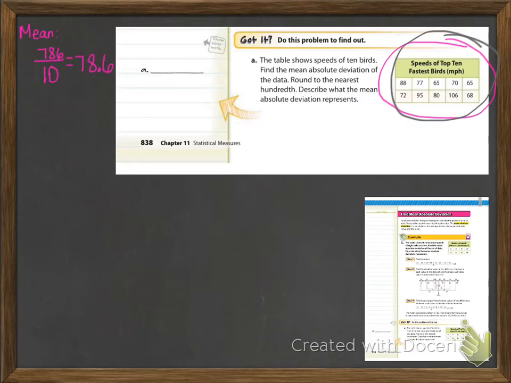And of course, I always took the absolute value of each number, which means my numbers were always positive. So I always put the larger number on top and subtracted that way. So here you'll see that I went ahead and did that, and I did that for all 10 values.